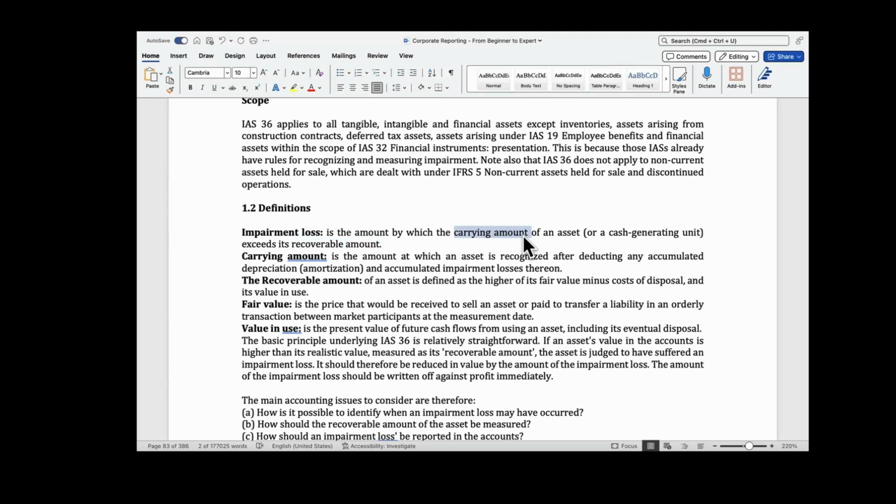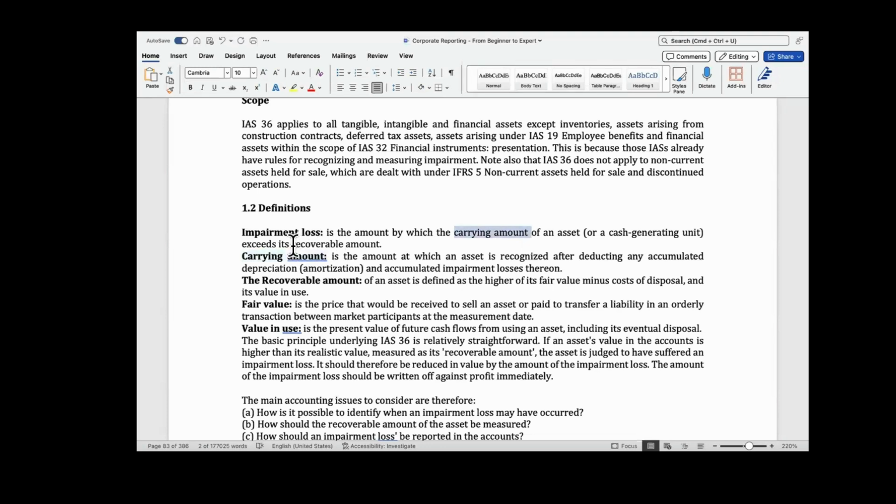But if the entity is using a revaluation model, then the carrying amount would be fair value minus subsequent accumulated depreciation minus accumulated impairment losses. But if an entity is using a fair value model, then carrying amount is just fair value. So that is the carrying amount, majorly the value in your books.